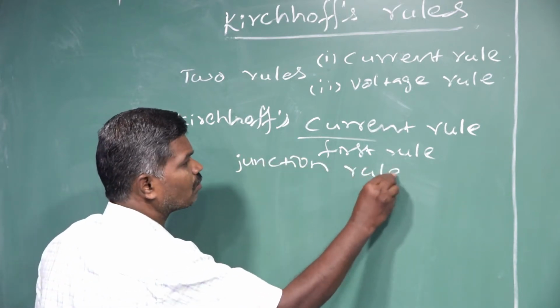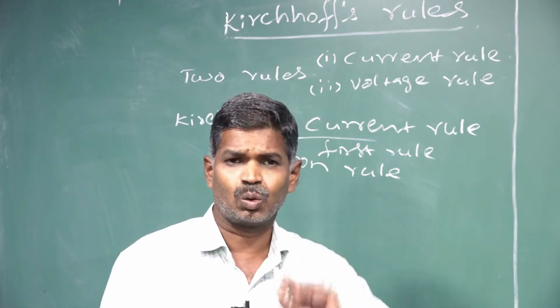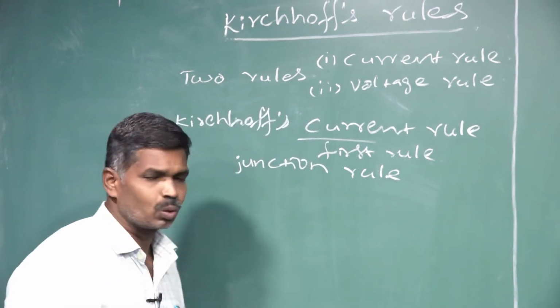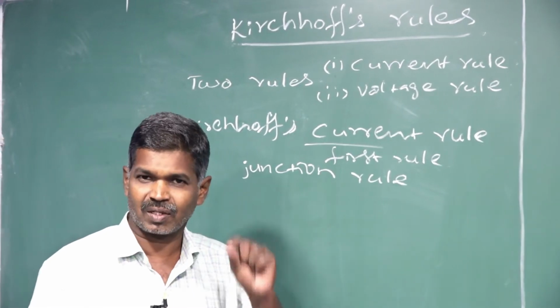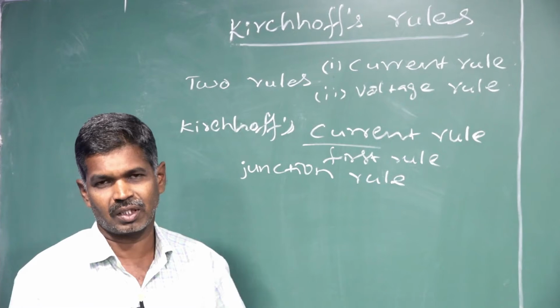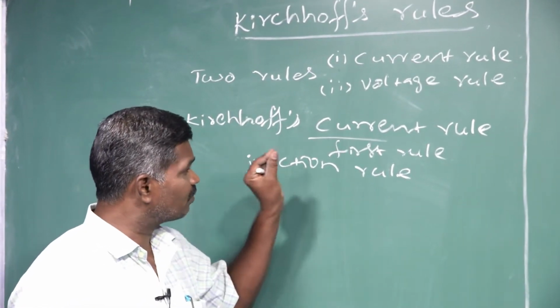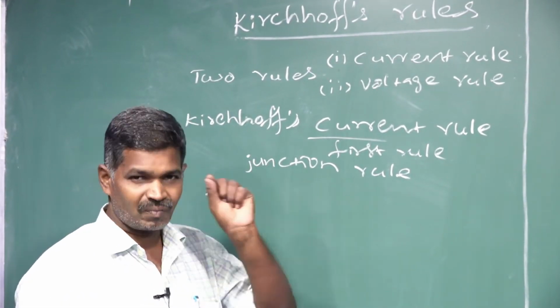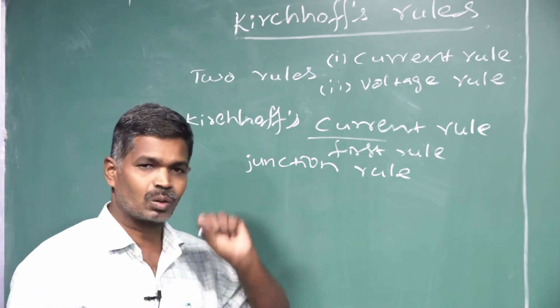Why is it called the junction rule? Because we are applying Kirchhoff's first rule to a junction in a closed circuit. That's why Kirchhoff's current rule is the first rule and is also named the junction rule.